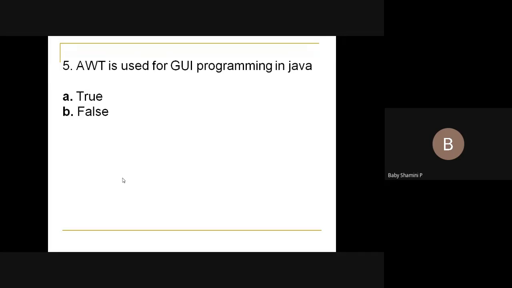So next one: AWT is used for GUI programming in Java. True or false? GUI means graphical user interface.